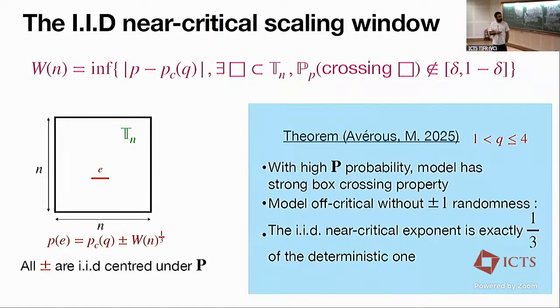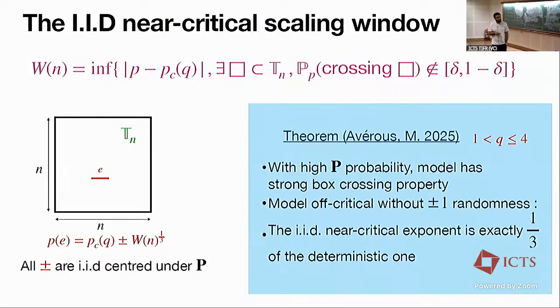If you didn't have this plus minus and you just had only pluses, it would right away tell you that the model would be very much off critical. So that means that the randomness in the environment averages well enough such that, with high probability with respect to the environment, you still have a model which looks like the critical one.